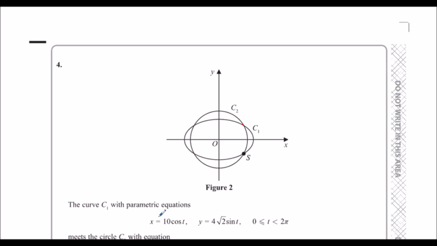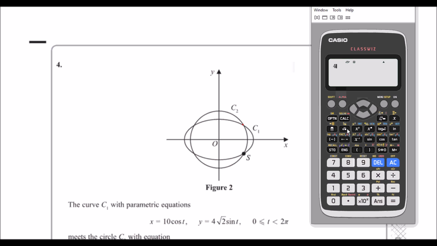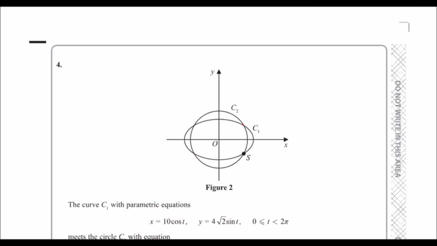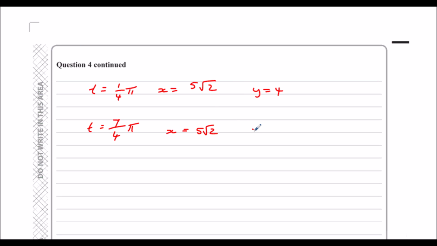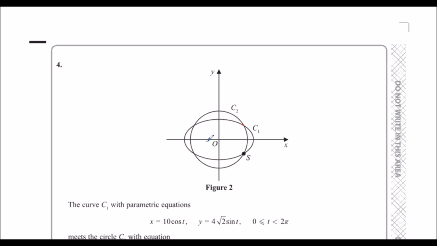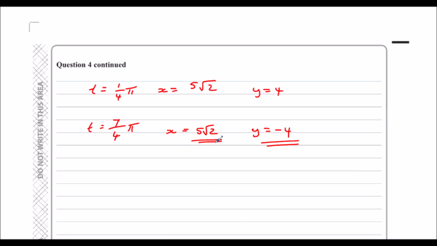And 4 root 2 sine t is negative 4. So that is the point S. It's got a positive x and negative y. So it's 5 root 2, negative 4.